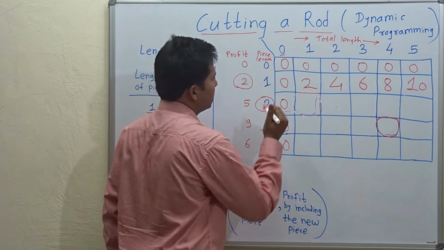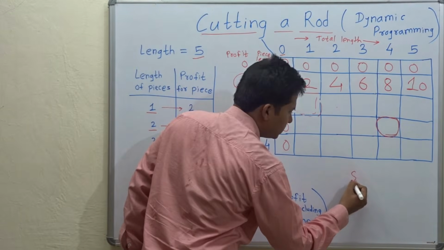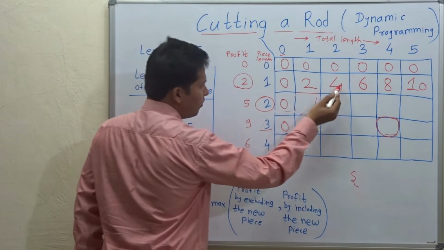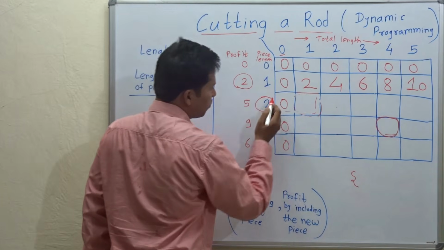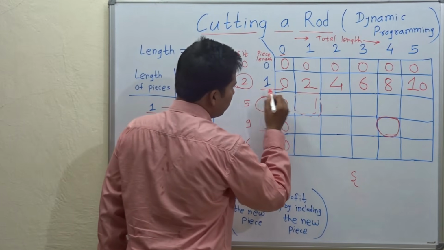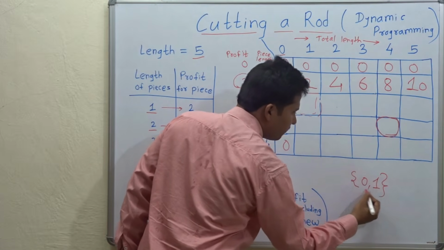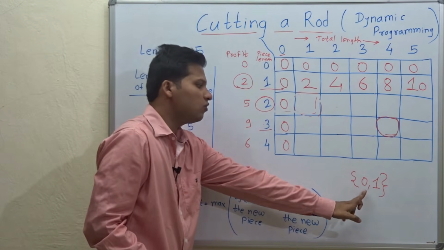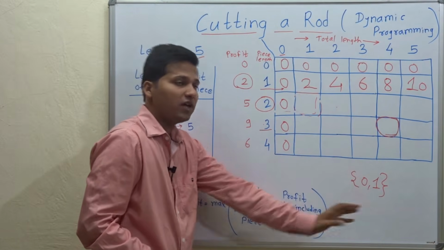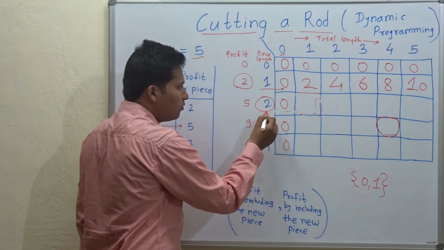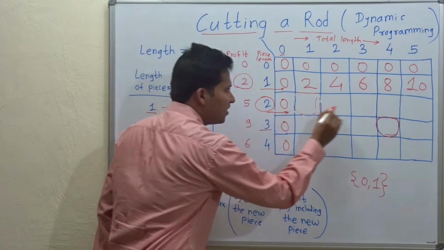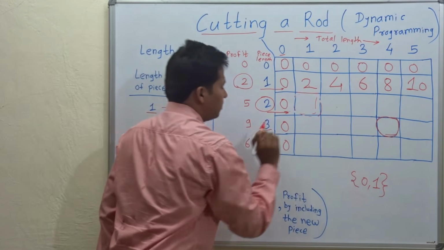What is new piece? So suppose till this row, till the upper row of 2, you had the pieces of length 0 and 1. You were allowed the pieces of length 0 and 1. Now you have come to this row. This is the current row which we are filling right now.